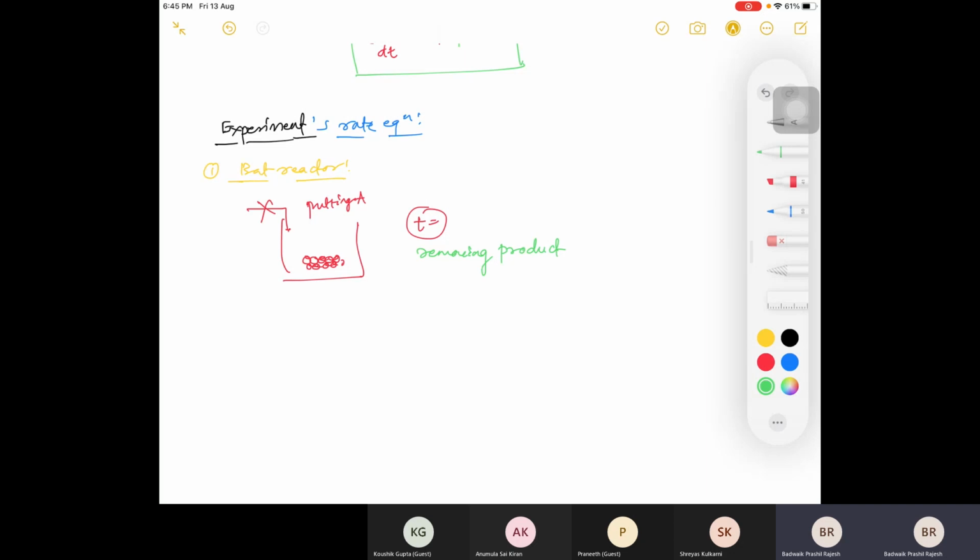So what is happening here? My fluid is this, and red is my catalyst. So you can write here catalyst is batch, and my fluid is also batch. Fluid means my reaction mixture.